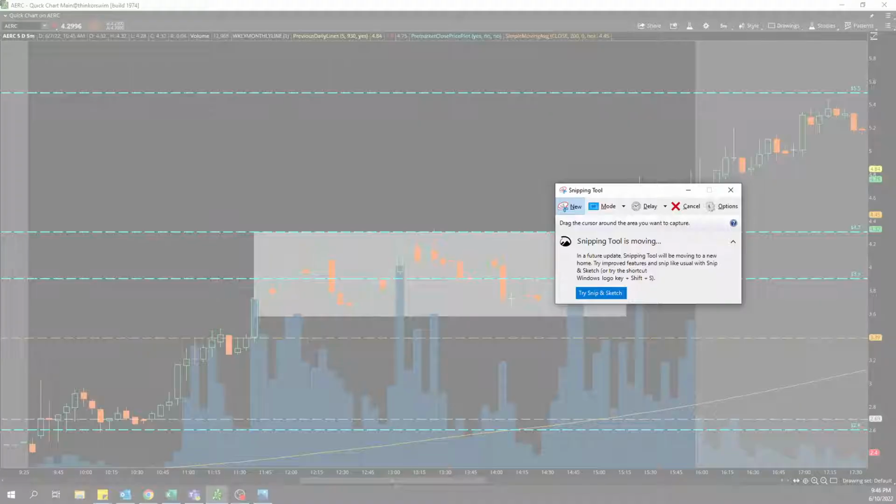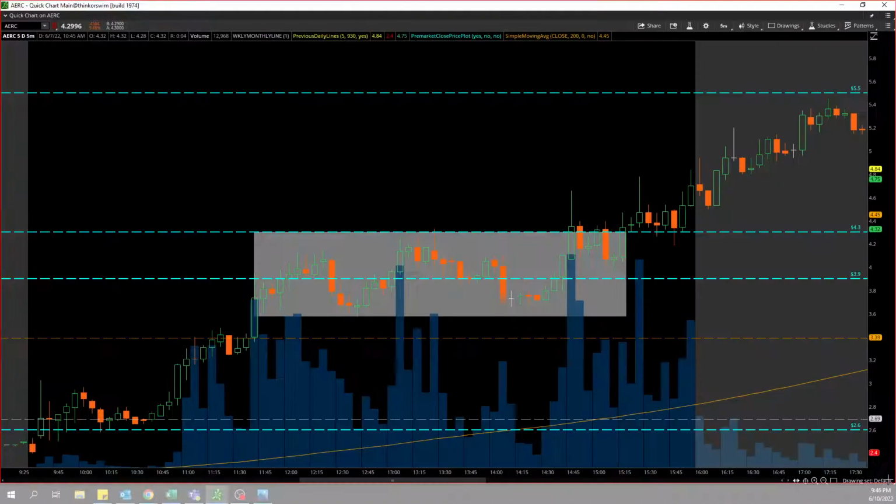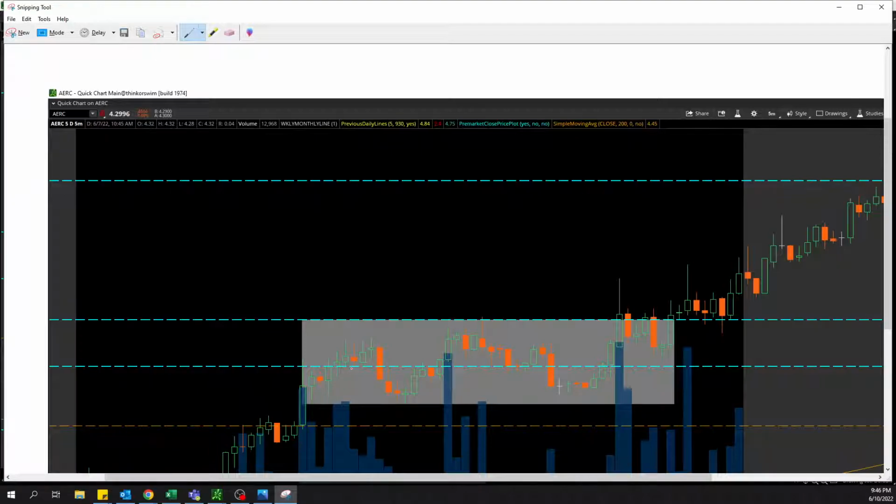Let me draw it out. So you had both support, resistance, support, resistance, sorry about that, and then support. So then it actually stepped up there and then took off.